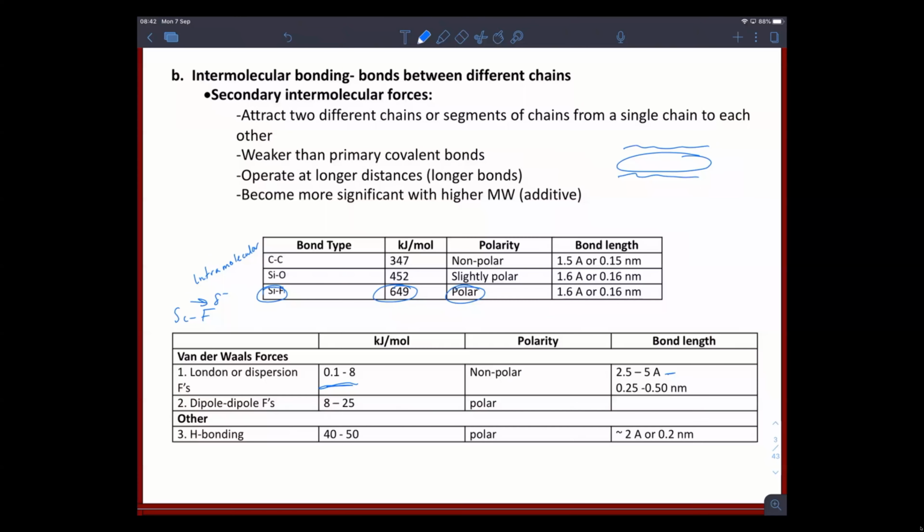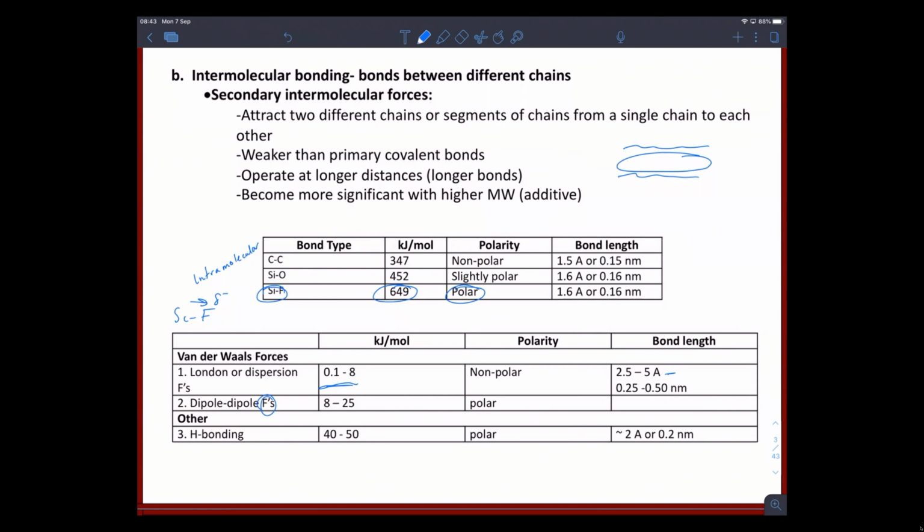Then dipole forces. They have these fluorines, but anything that has an electronegative atom in there is able to pull electrons in the direction of its electronegativity. They are stronger than the London or dispersion forces, and they are polar too.